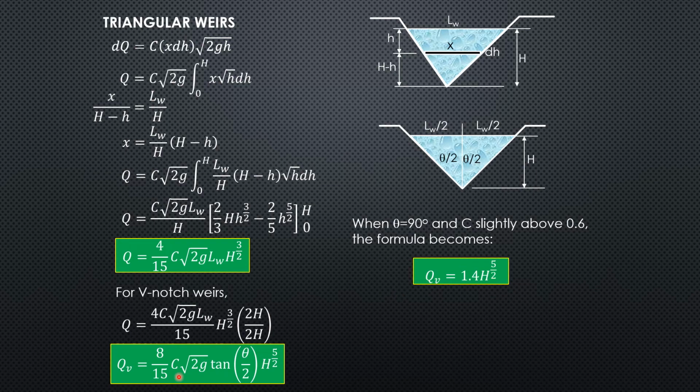So combining everything, square root of 2g, 8 over 15, and c, which is slightly above 0.6, the empirical formula for a 90-degree V-notch weir is 1.4 capital H to the 5/2. As simple as that. We then have to memorize weir formulas and coefficients.